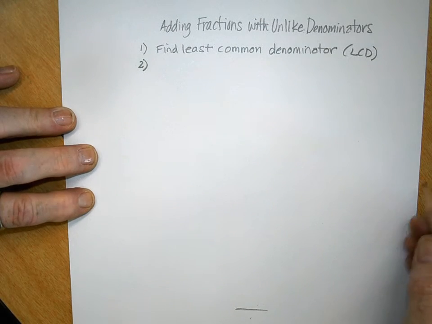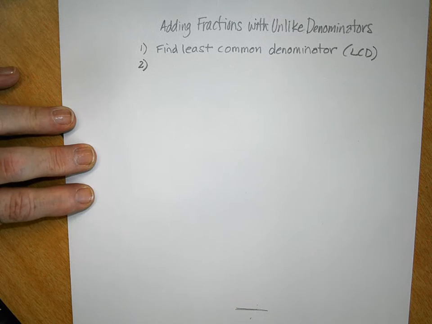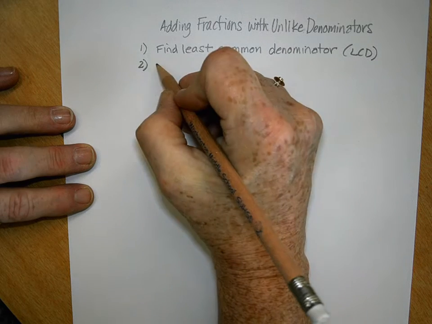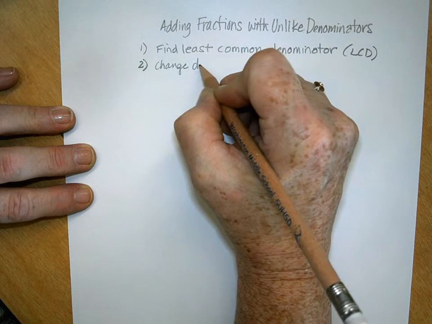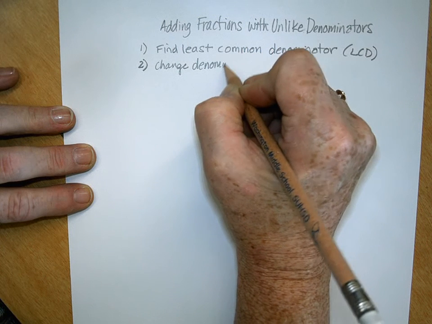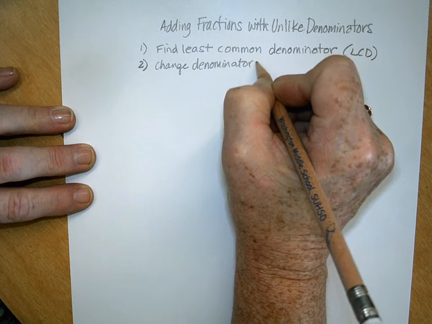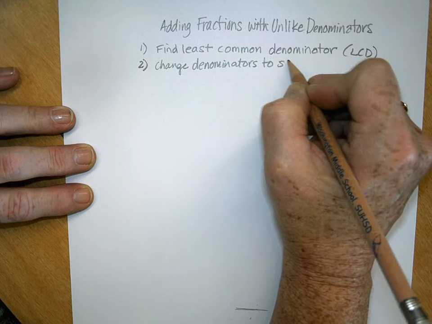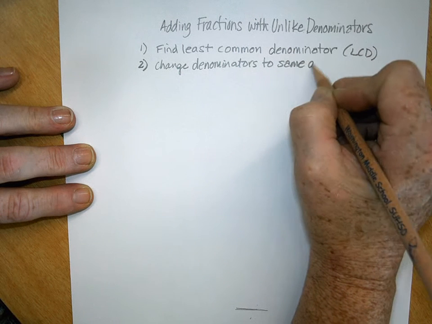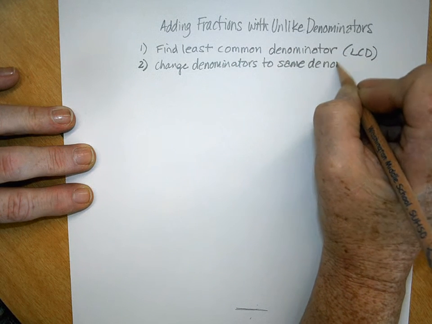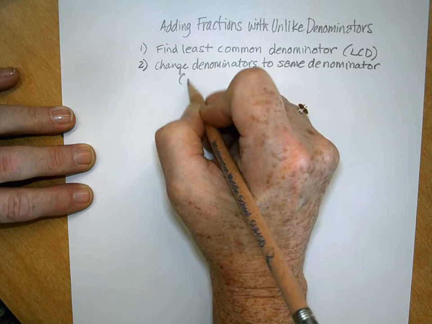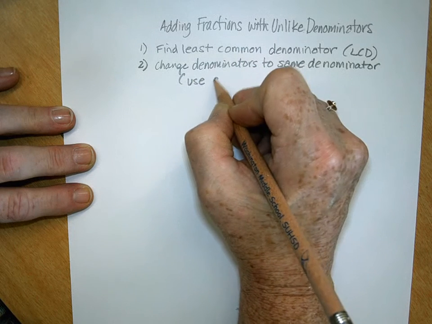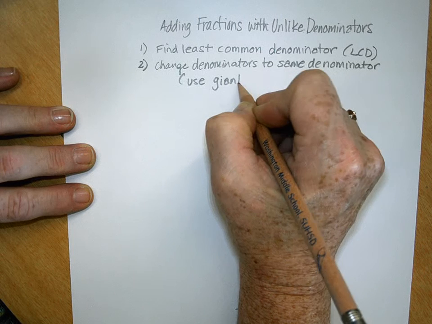Next, I change all the denominators to the same denominator. I use a giant 1 to do this. I'm basically making equivalent fractions.